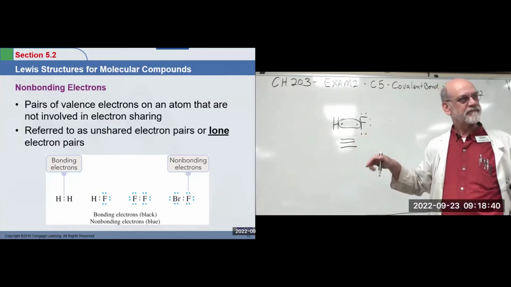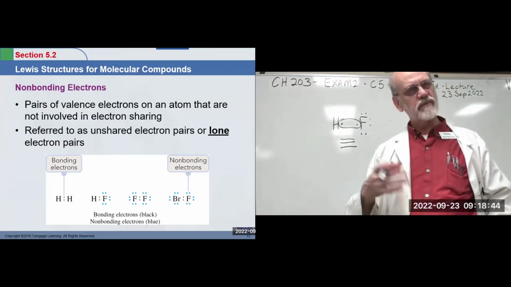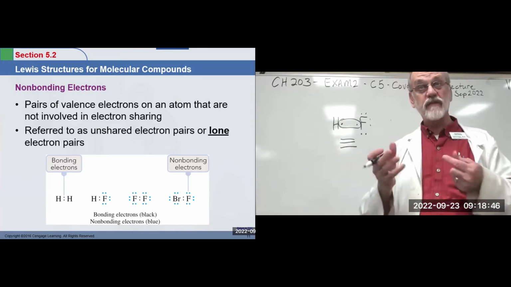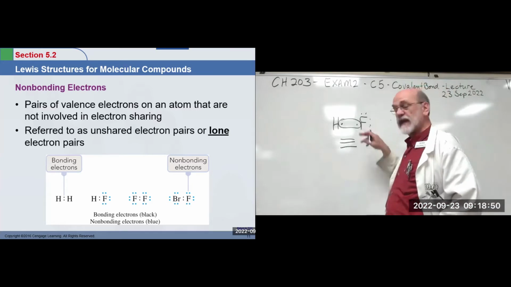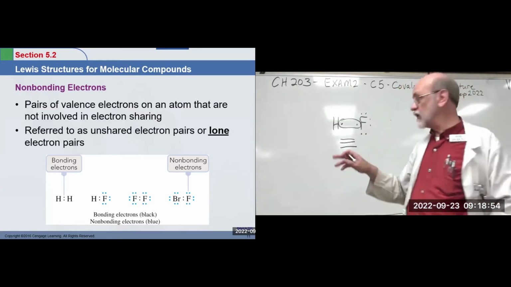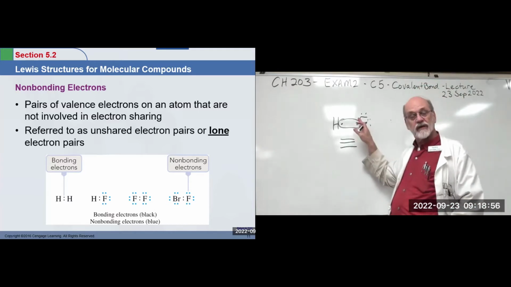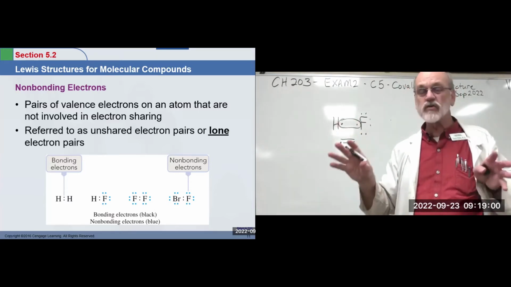And electrons like to be paired. It's a funny thing. Even though they're negative charge and you would think they'd repel one another, they tend to pair up when they can. And if you leave anything out, the unpaired electrons are the ones that are available for bonding usually.